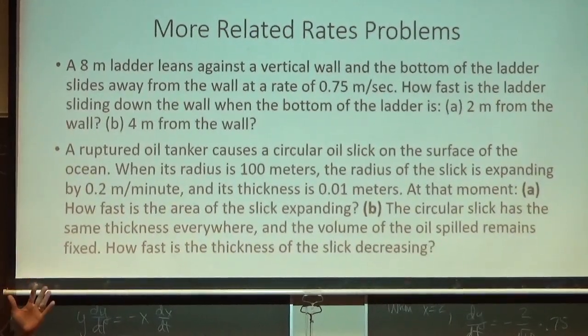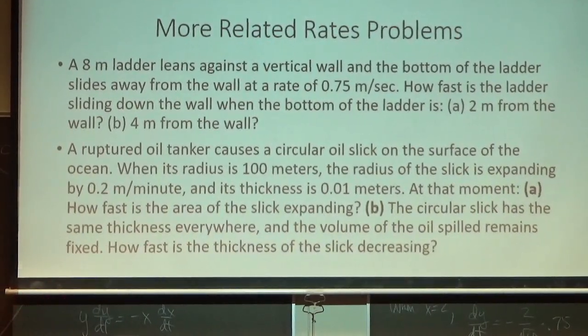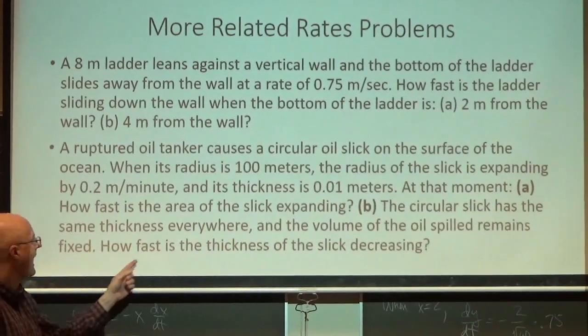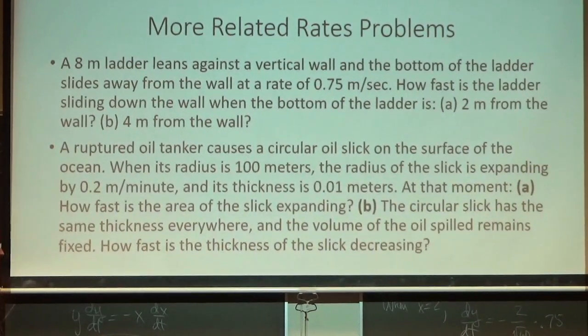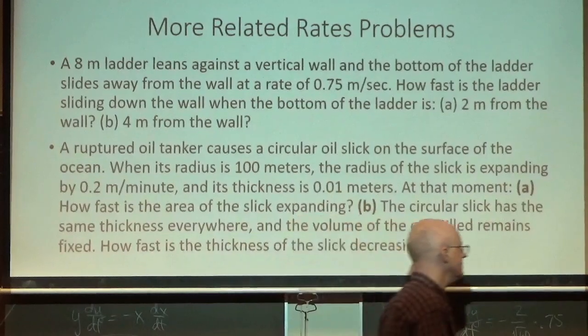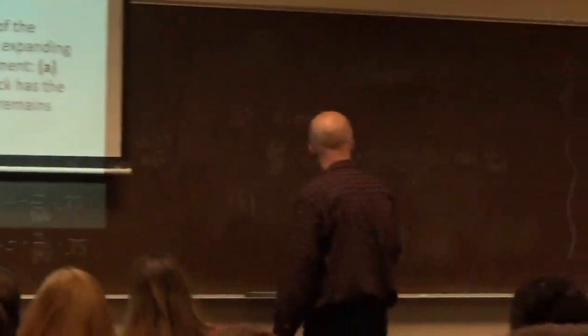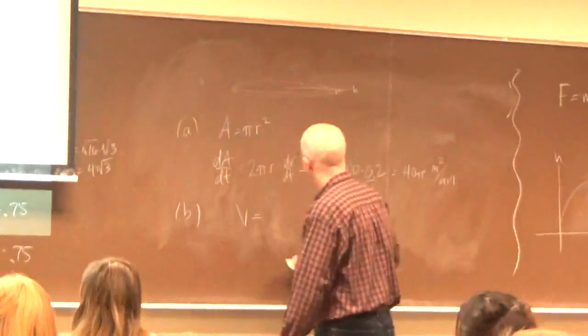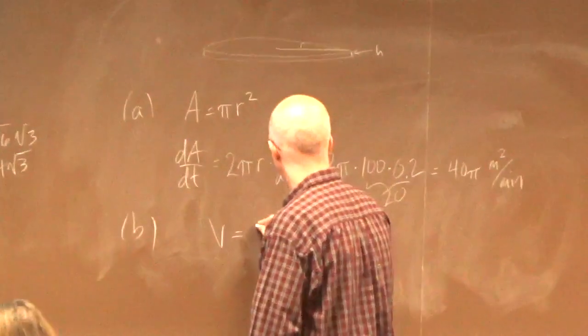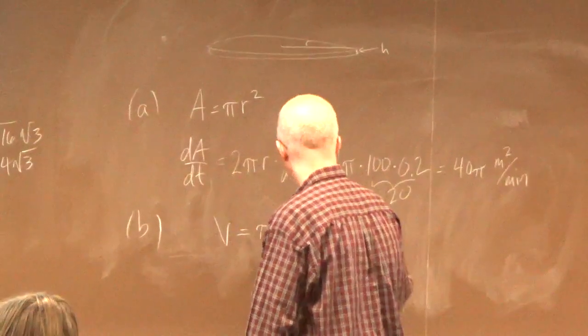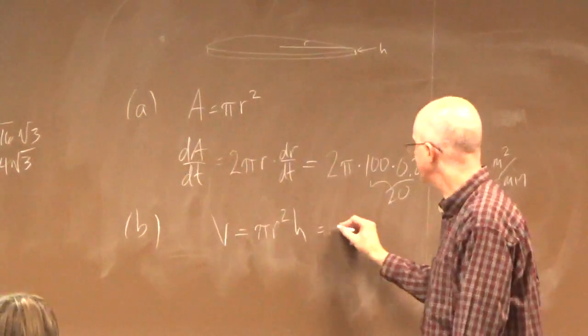And again, don't worry about whether that's realistic or not, we're just trying to solve the problem. How fast is the thickness of the slick decreasing? The volume is 4/3, excuse me, that's a sphere. The volume of a cylinder is pi r squared times h. That's supposed to be a constant.